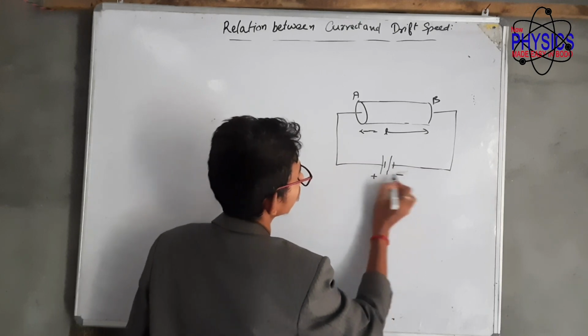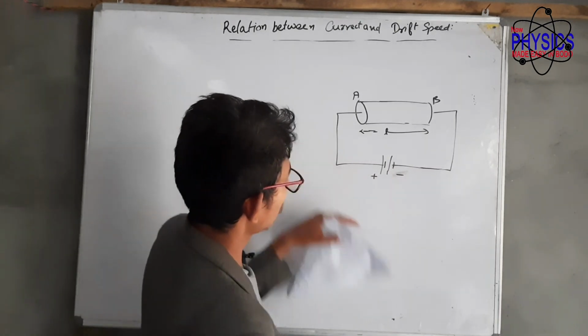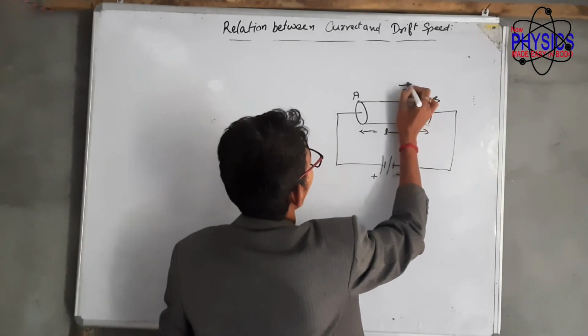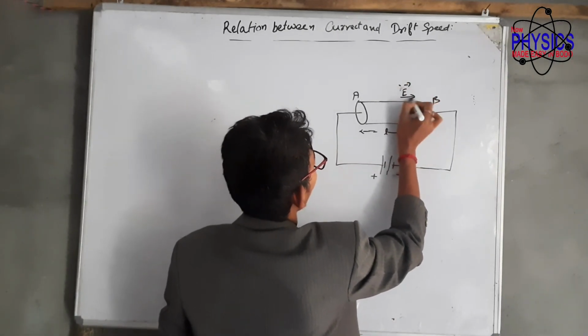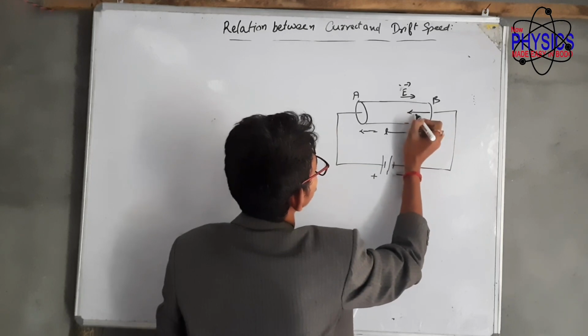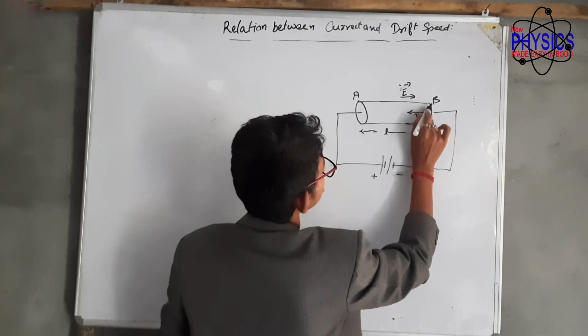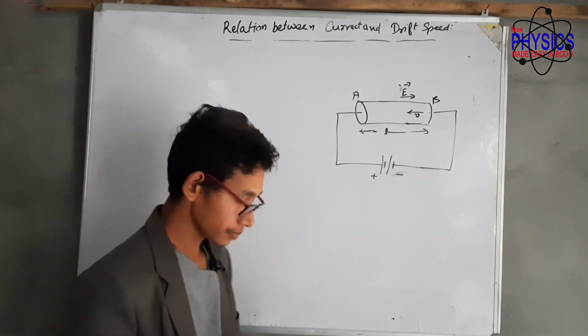So the electric field is along positive to negative, so this is the direction of the electric field, and this is the direction of the drift speed.